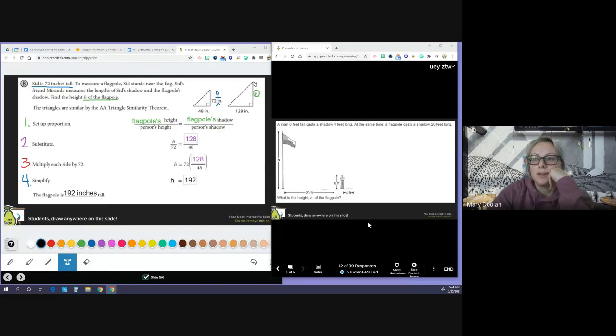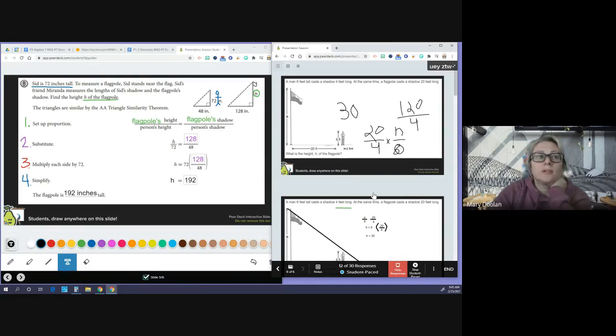Okay. Just to clarify, when you are setting up a proportion, there's not only one correct way to set up a proportion. There are like a few different ways that you can do that. Okay. So let's see what we came up with.